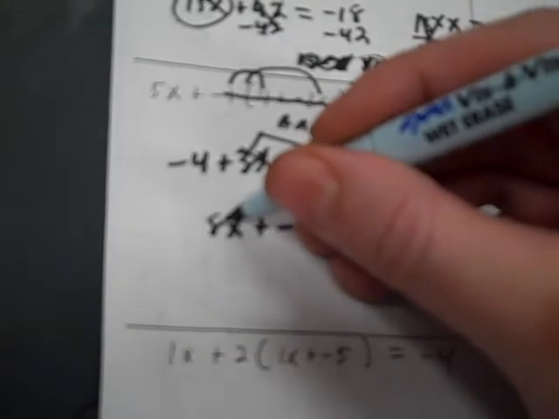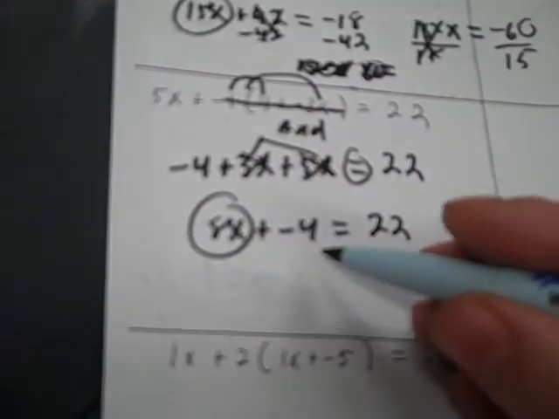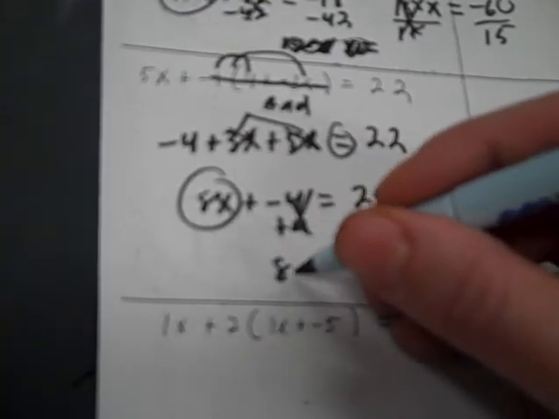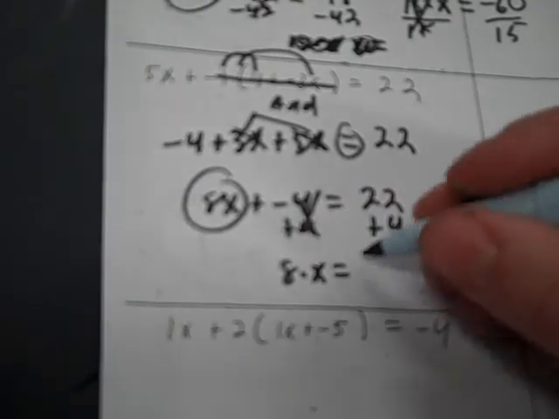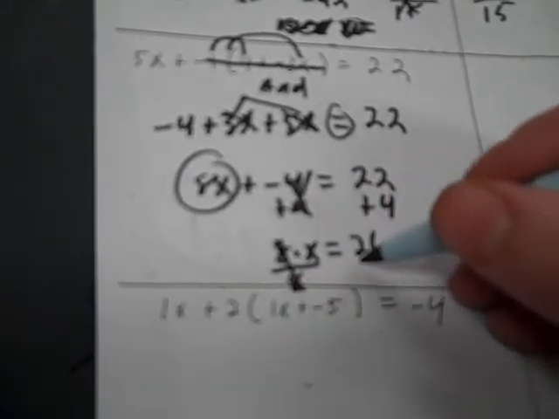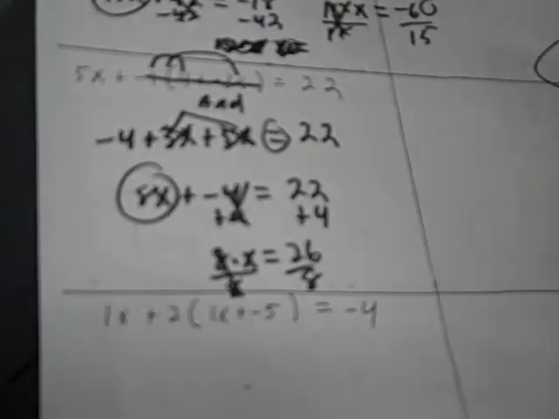So I'm going to dot the only x I have, and I have a negative 4 outside, so I'm going to be plussing 4. 8x, 22 plus 4 is 26. And now I can divide. I'm going to get a decimal here. 26 divided by 8 is 3.25. Okay, my next problem, finding what x equals.